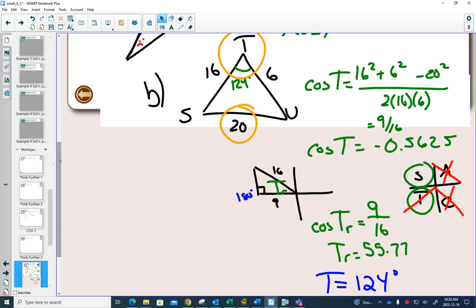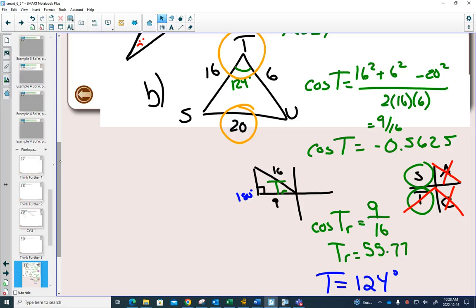Okay. Now, I want to show you something that is kind of nice, but also creates some problems later on. Ideally, in this situation, I want you to think about the CAST rule, because this is good practice.